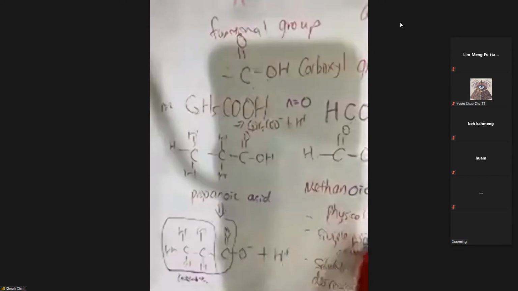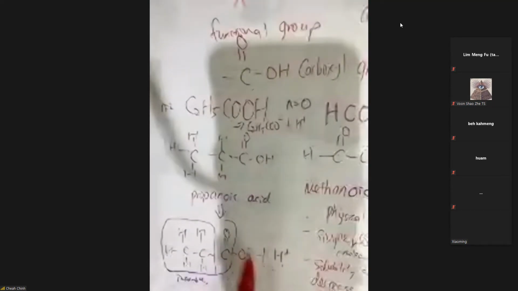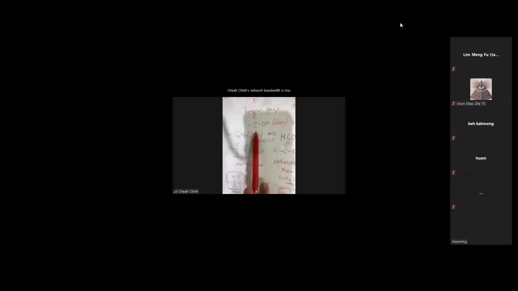For physical properties, because of the presence of the functional group, the carboxylic group is soluble in water, so simple molecules can dissolve in water. But when the number of carbon atoms increases, the hydrocarbon part becomes bigger. Let's say we have 6 carbon atoms: 1, 2, 3, 4, 5, 6.